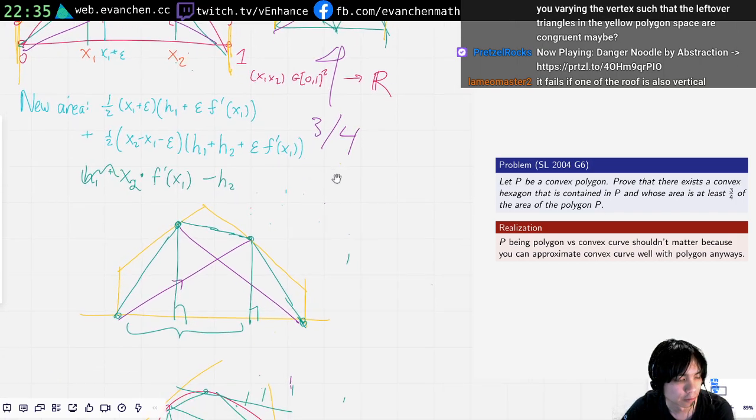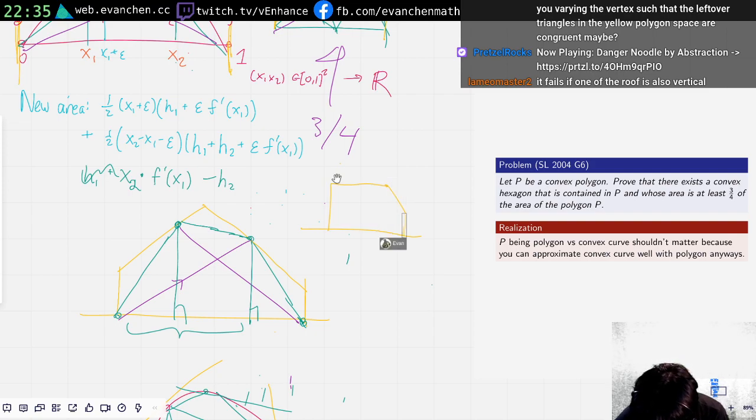It fails if one of the roofs is vertical. Does it? Oh, I guess you can.